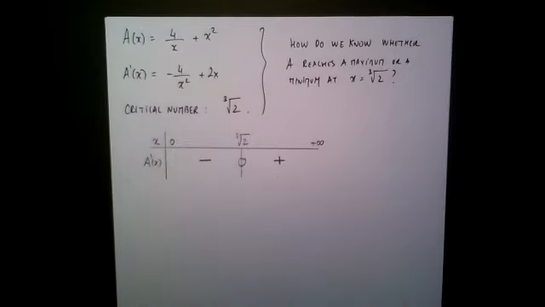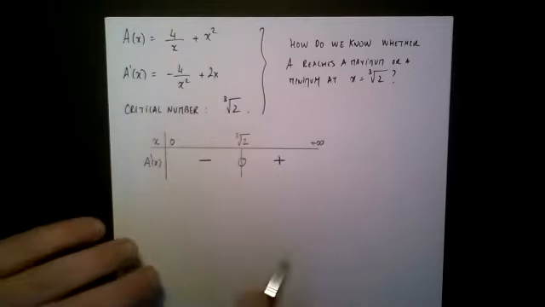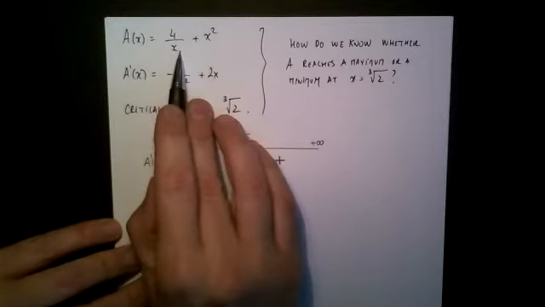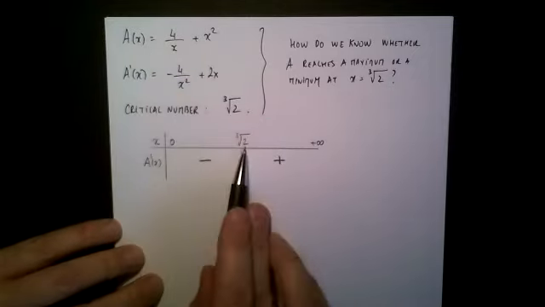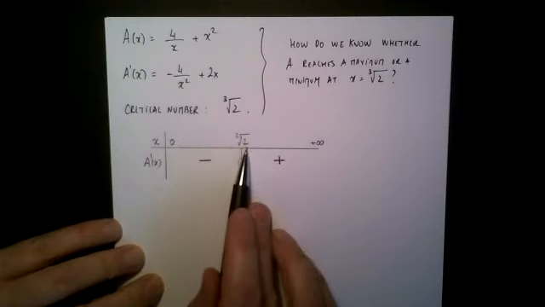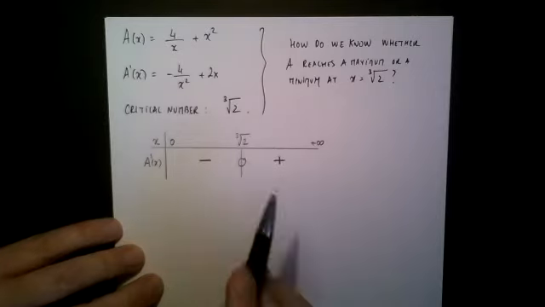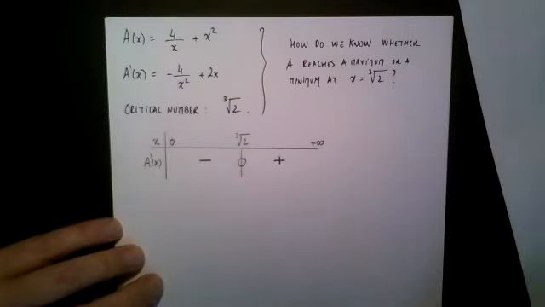Why are we putting the critical number into the derivative and not into the function A? You could. If you put this critical number in the function A, that will give you the exact area when x is this. It's true that the area here will be 4.76.